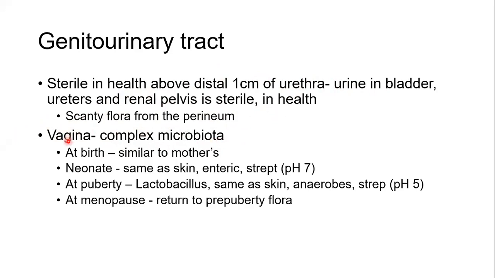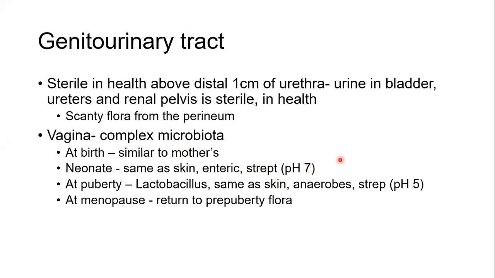At birth, the baby will tend to have a microbiota of normal flora profile similar to what's found in the mother. The neonate will tend to have a profile similar to what's found on the skin or in the gut, but also have some strep, which could be from the skin.